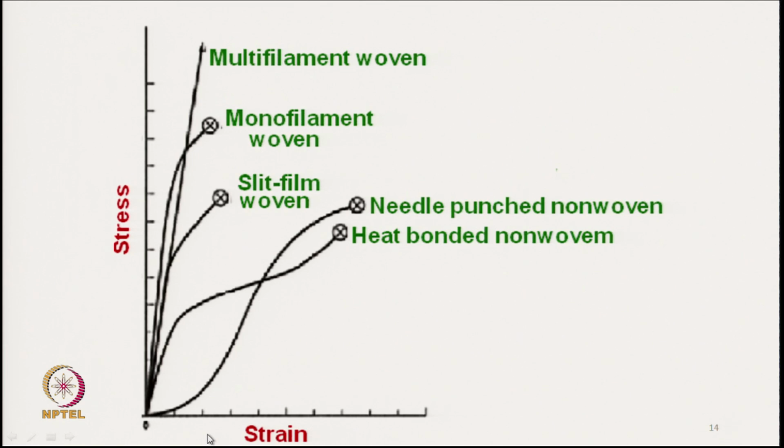Now, for example, if we take the heat bond non-woven and needle punched non-woven, we see the needle punched non-woven has higher breaking strength than heat bond, but at lower strain the heat bond non-woven is stiffer. So, accordingly, depending on our requirement, we can select. For that we need to have the total stress strain curve.